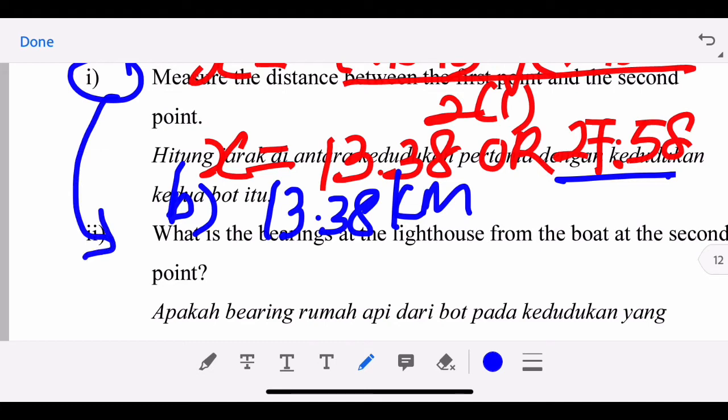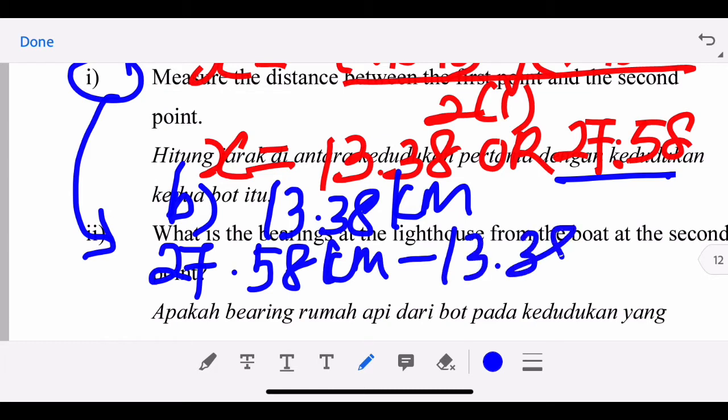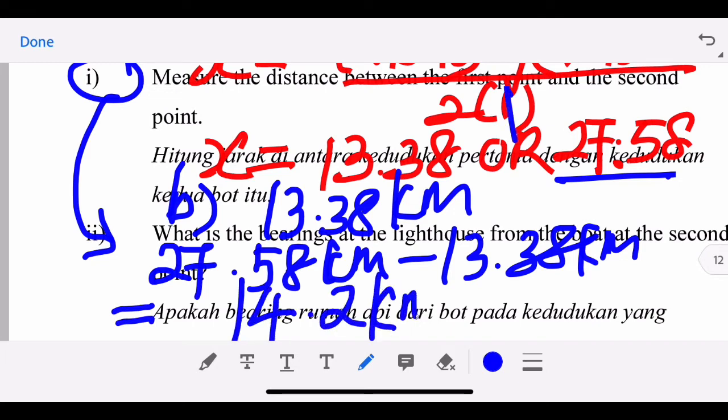For this question, you have to take 27.58 kilometer minus 13.38 kilometer. Then you will get the difference, which is 14.2 kilometer, right?